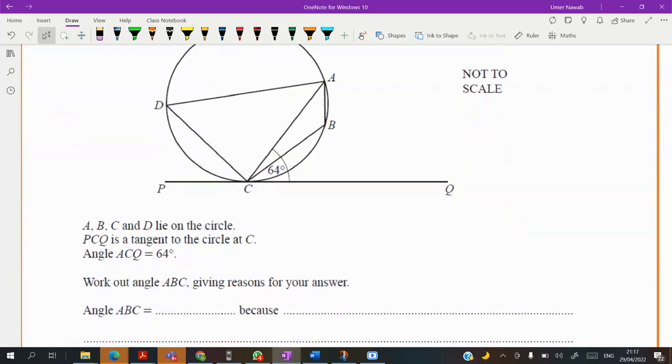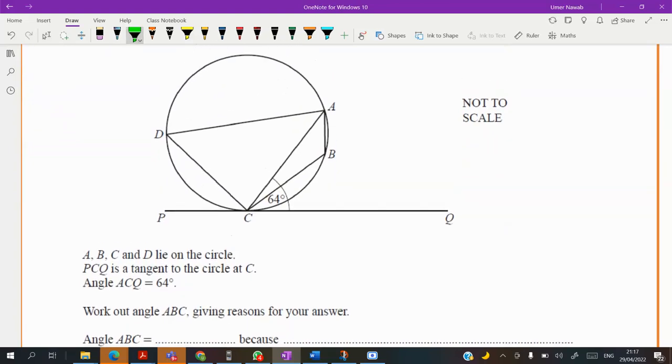Question number 10. We want to find angle ABC, this angle we want. Let's see how we can get it. My friends, the question has given you the tangent, and it has already given you the chord.